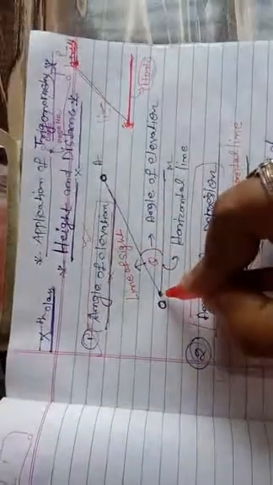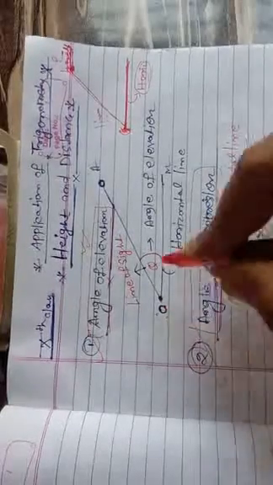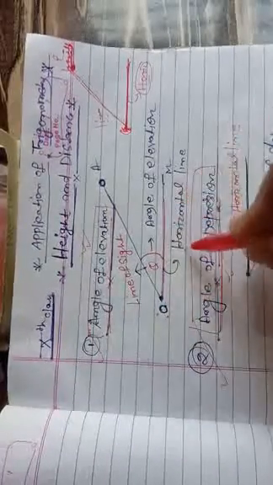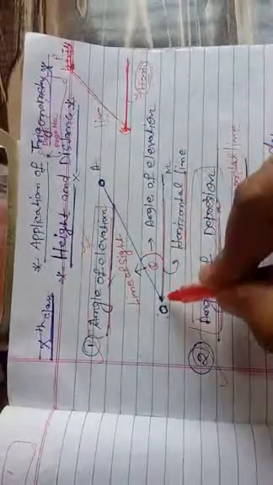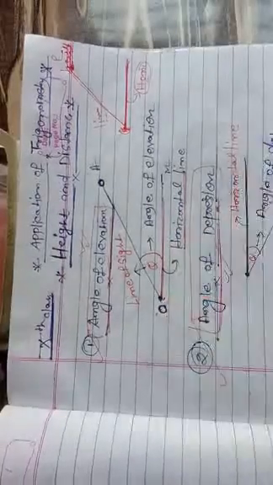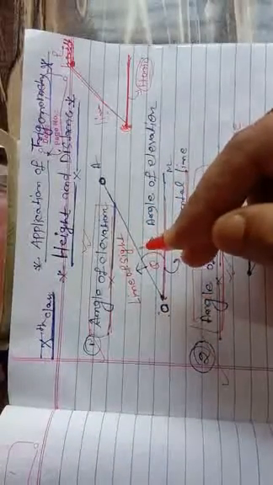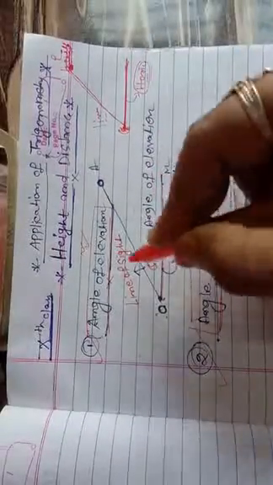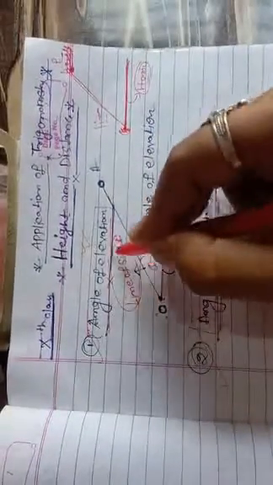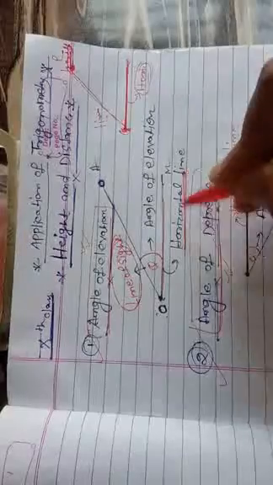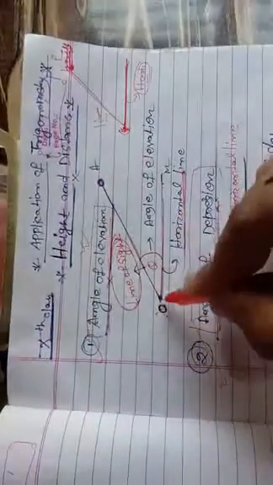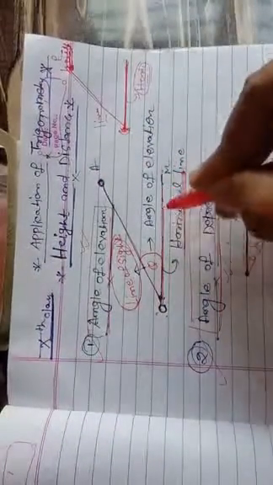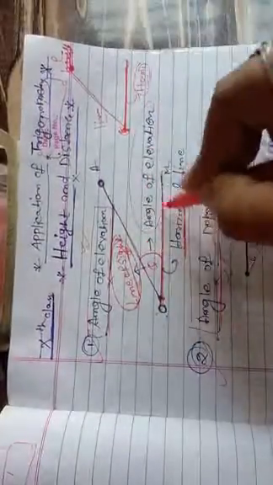Here we see that this O is the reference level. Suppose this is your eye and this line is your horizontal line. If you are to see an object which is above your head, then the angle which is formed between the line of sight and the horizontal line is called the angle of elevation.